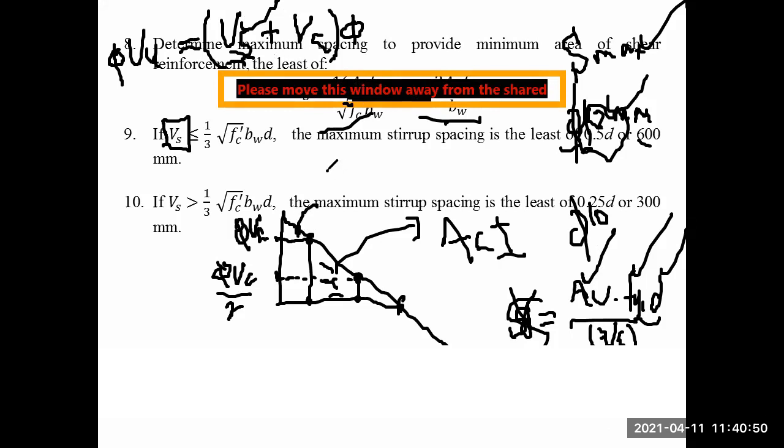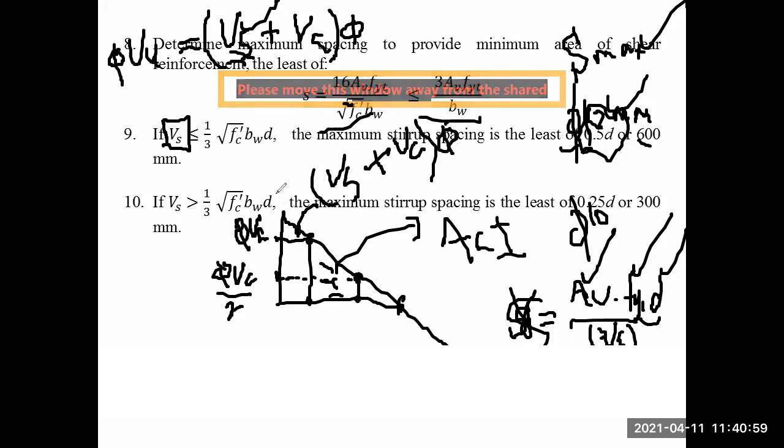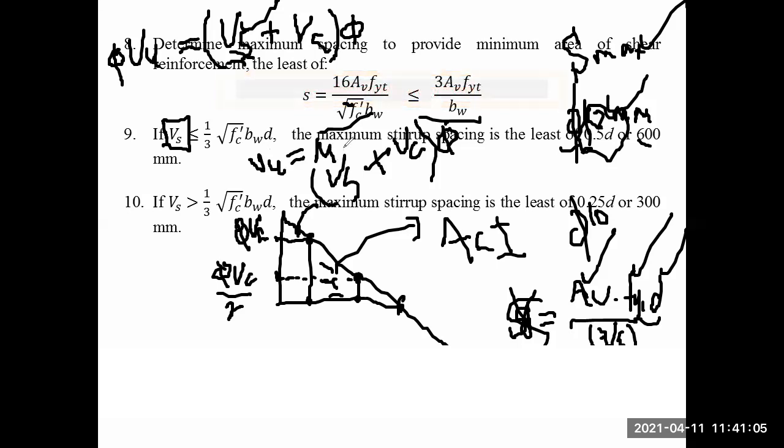So this would be Vs plus Vc, times phi. So this would represent the Vu at which you start to reinforce minimum, the ACI code requirement.